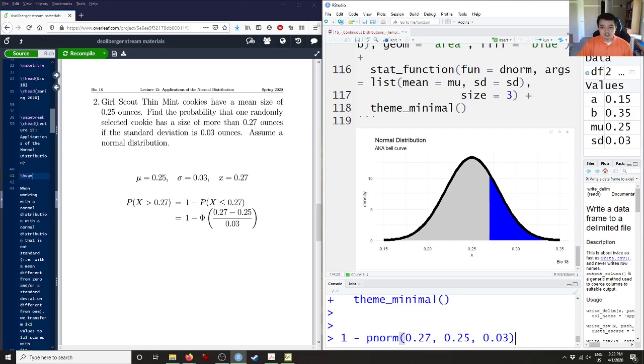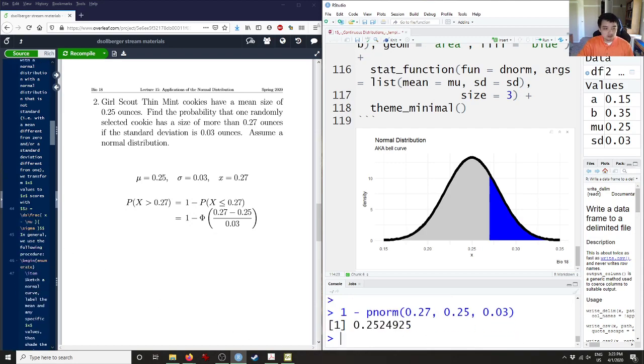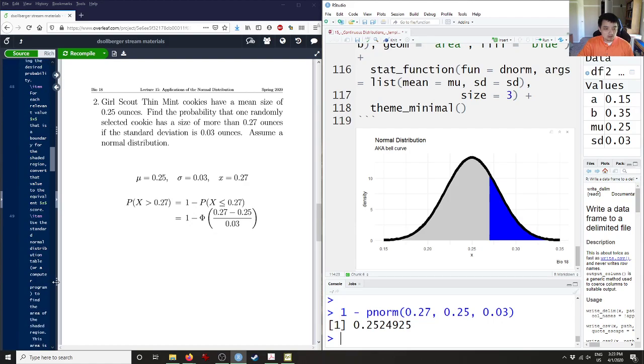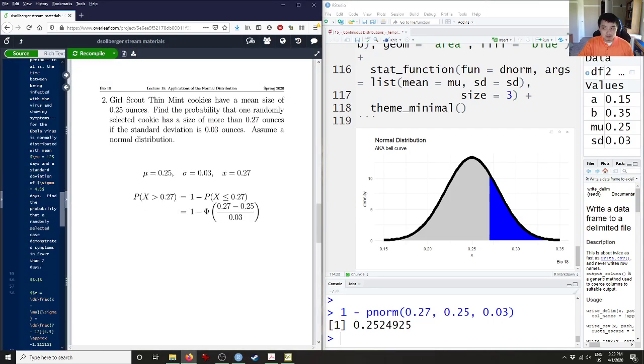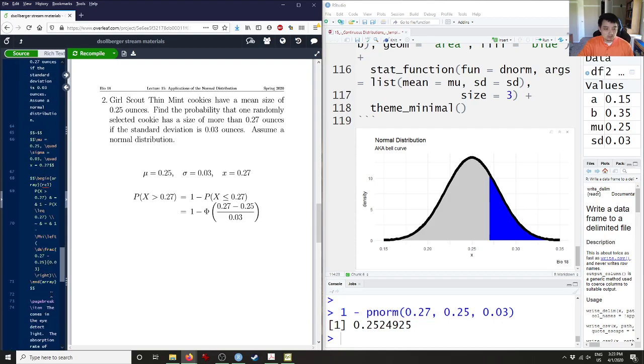As long as you type the numbers in the correct order, the software will understand what you're doing here. So we get a probability of about 25%.